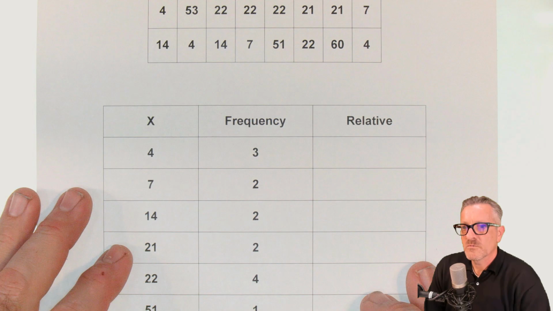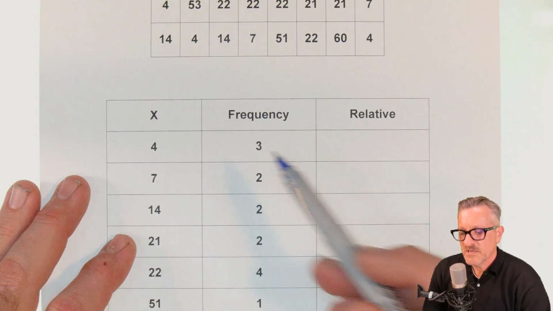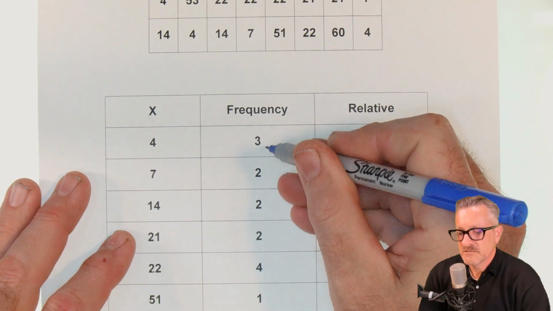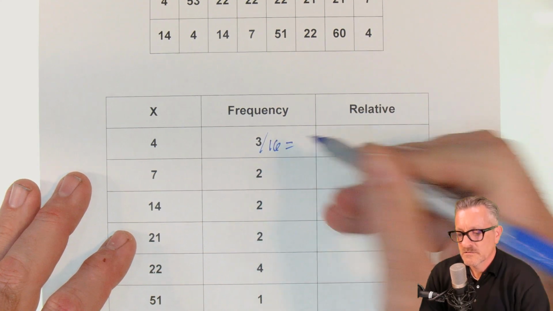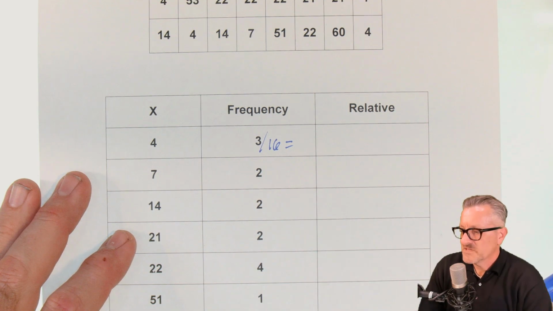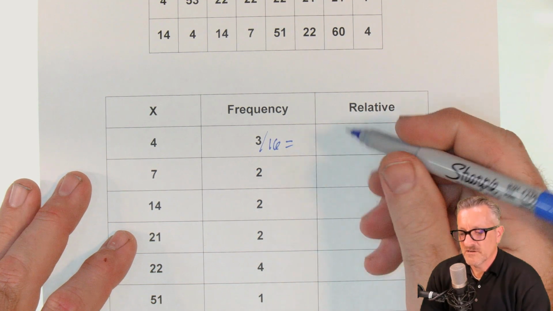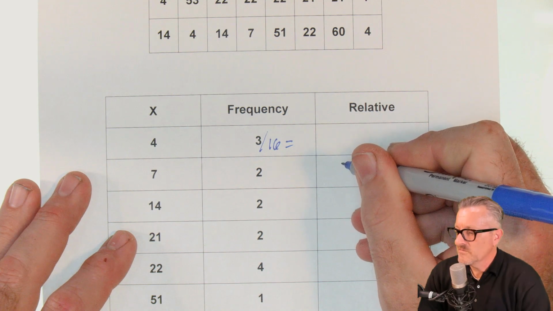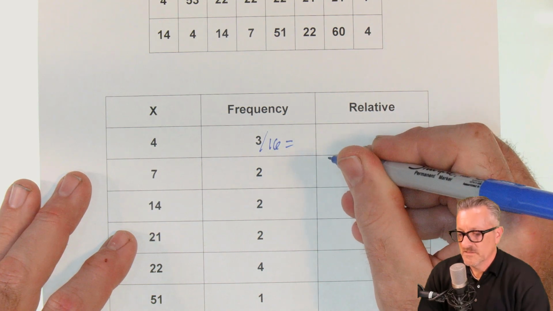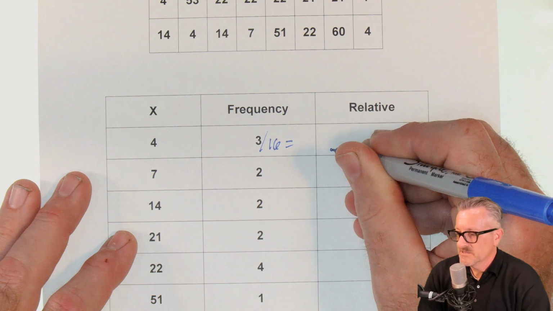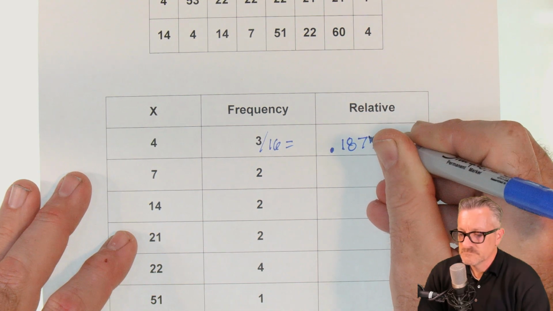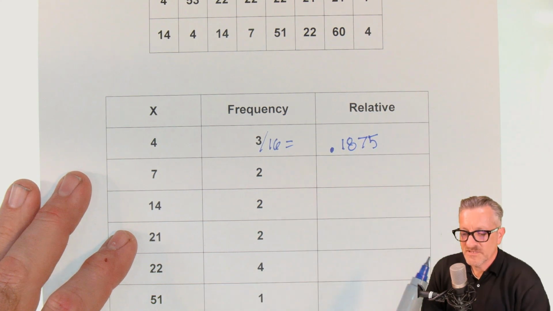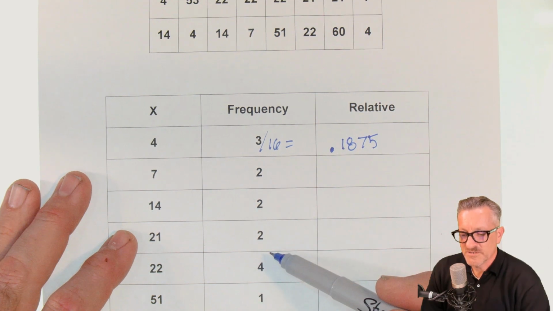So for the first one, we're going to have 3, and we're going to divide it by 16. So we just click this. And I have some notes here so that I don't have to calculate on the fly. And so for 3 sixteenths, it is 0.1875. What's nice about these is that for all of the 3's, in this case there's only one 3, but for all of the 2's they're all going to be the same.